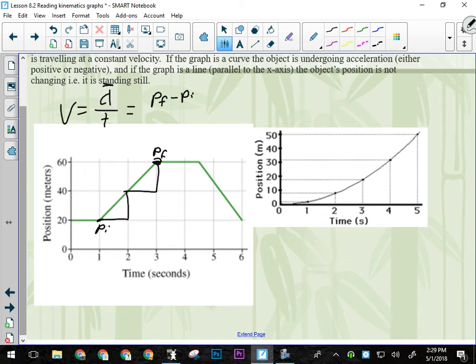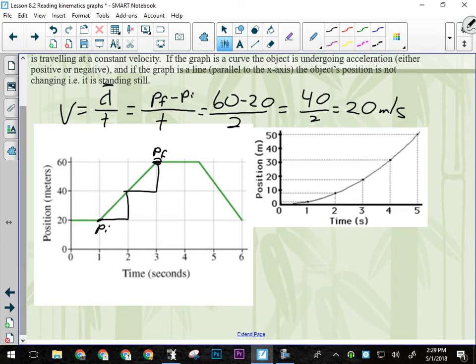Everyone okay with that? And then I would divide that by the total time. So I would have 60 minus 20 divided by 2 seconds. 40 over 2 is 20 meters per second. All right, everybody okay with that?